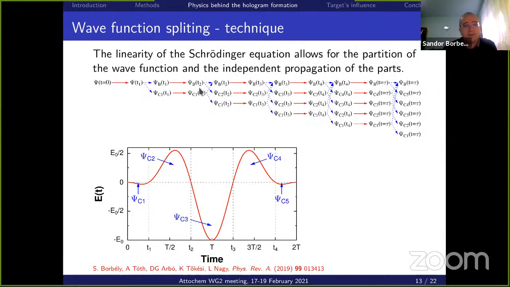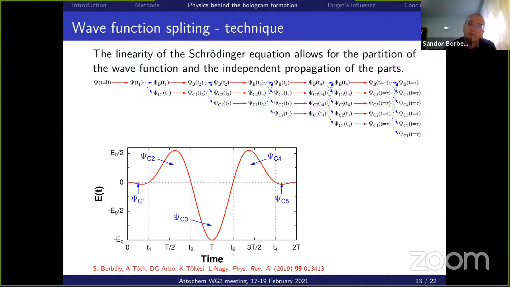We do not want to follow them further, so we put it back into the bound wave packet. And in the bound wave packet, after the splitting, we have obtained the bound part and the continuum part, which we have noted with C2. And this C2 wave packet contains the electronic wave packet, which was created during the second peak of our driving laser field.